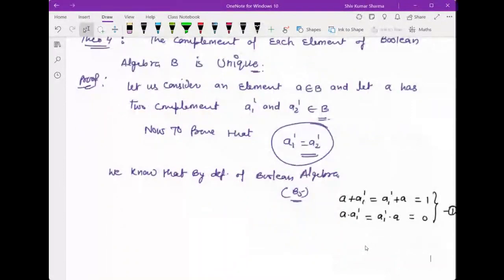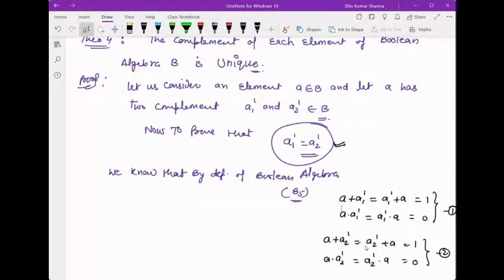This we have taken from the definition, and for the second complement we write A plus A2 complement equals A2 complement plus A equals 1, and similarly A into A2 complement plus A2 complement into A is also equal to 0. So these are the two equations we have taken from the definition of Boolean algebra. Now our purpose is to prove that A1 complement equals A2 complement.